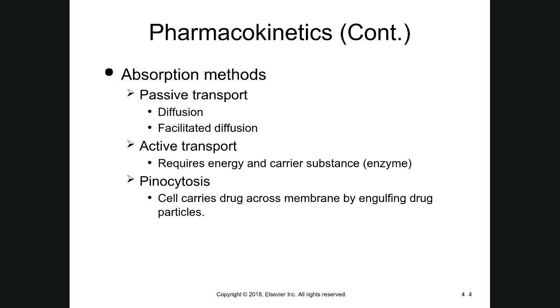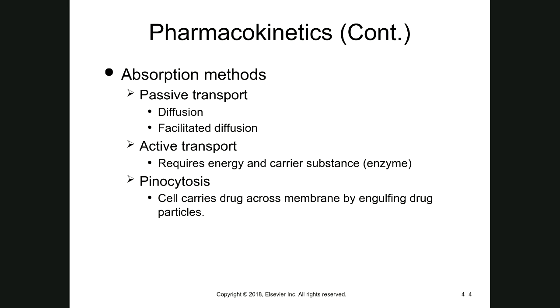Now, the mucosal membrane, which lines the GI tract, usually the villi, is composed of lipids and protein. Lipid-soluble drugs are able to pass rapidly through the membrane. Water-soluble drugs, on the other hand, need a carrier, either an enzyme or a protein, to pass through the mucous membrane.